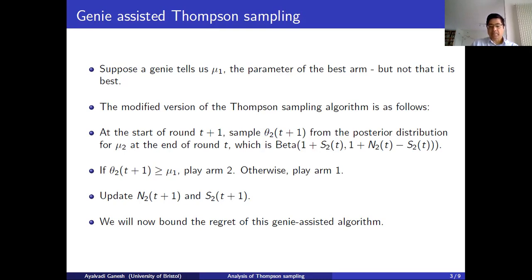So let me remind you again of what we are trying to do. We are trying to analyze the Thompson sampling algorithm. We decided that's too hard, so we invoked a genie and obtained a modified Thompson sampling algorithm where we have the help of this genie, and we are going to bound the regret of this modified Thompson sampling algorithm.